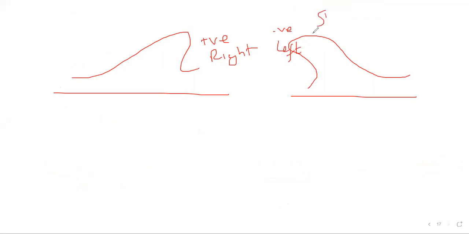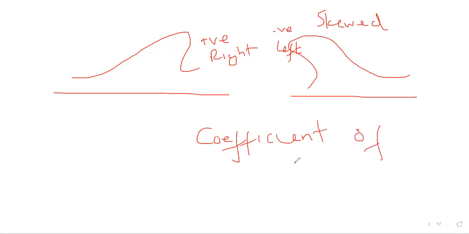So it's called the coefficient of skewness. If you get 0, it means it is normally distributed.